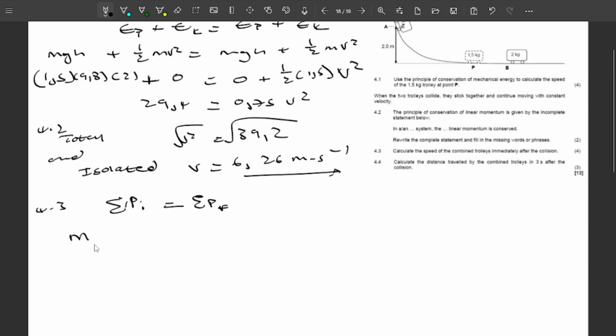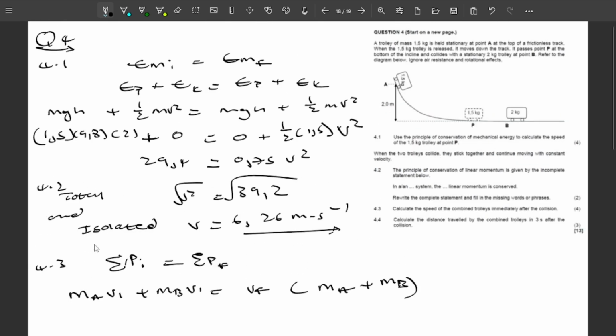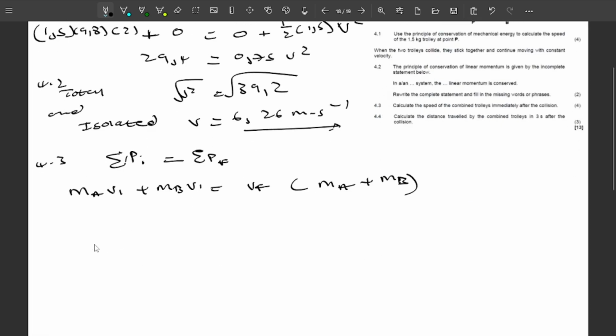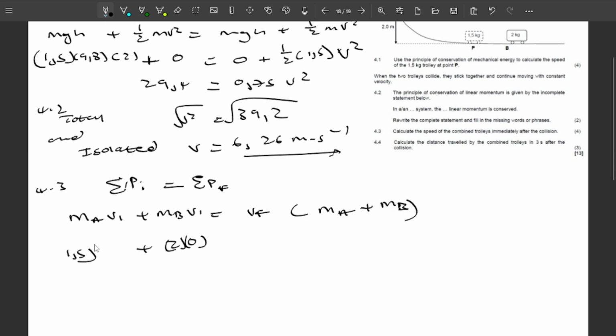mA vi plus mB vi is equal to (mA plus mP) vf. Alright, since I know that initially both of them were not together and the 2 kilogram mass was stationary, I'm just going to multiply it by 0, and this one, the first mass, was 1.5, so it's 1.5 times the V initial.